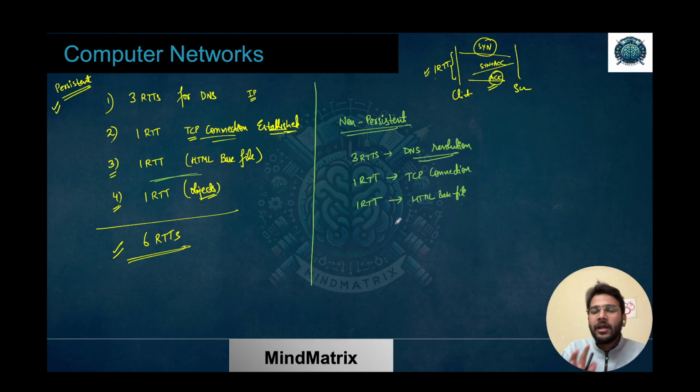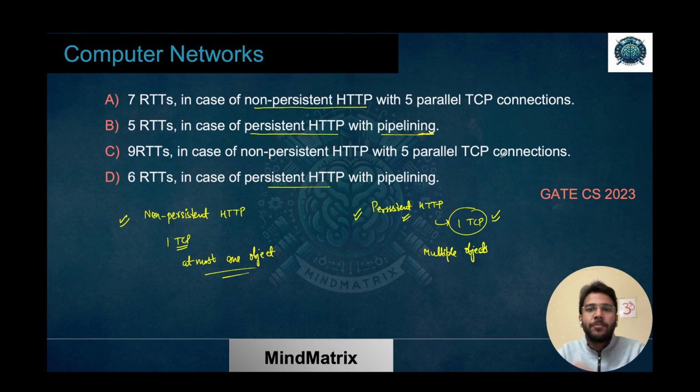So if you have 10 objects, how many connections do you need to maintain? 10. But in the option it is talking about parallel TCP connections. So it can have 5 parallel TCP connections, it is saying.